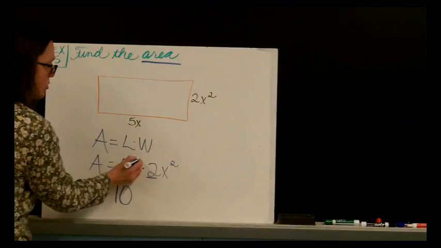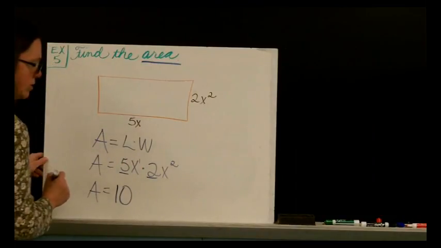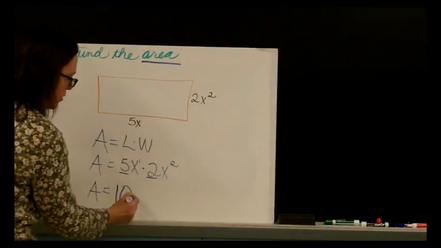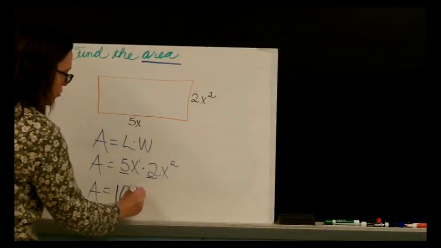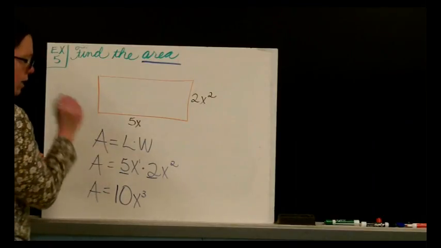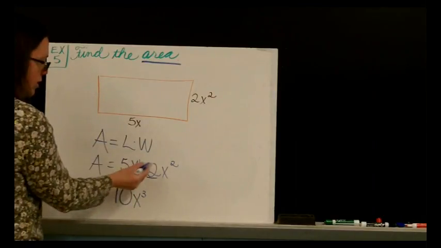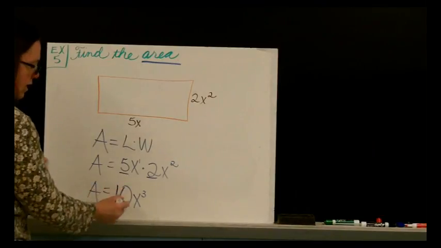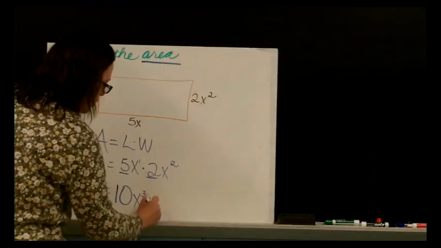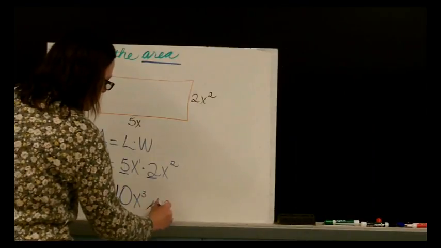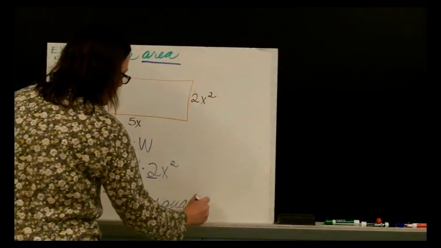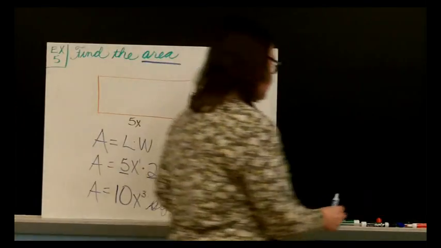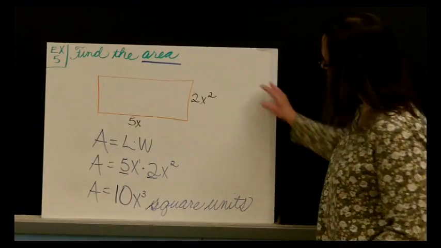I'm going to insert a 1 here as an exponent. x to the first power times x to the second power is x to the third power, because you remember that when we are multiplying powers, we add the exponents. So our area is 10x to the third power square units. Not too challenging.